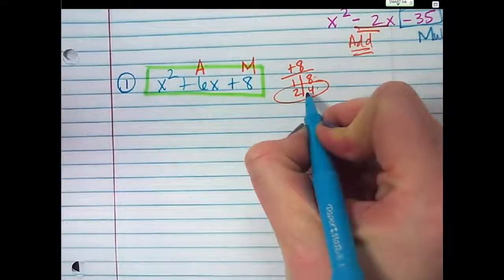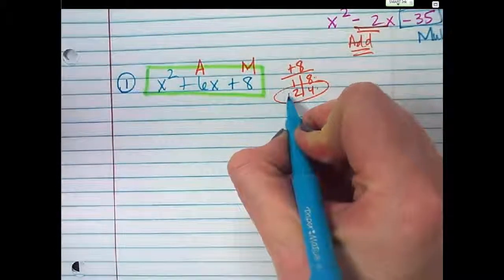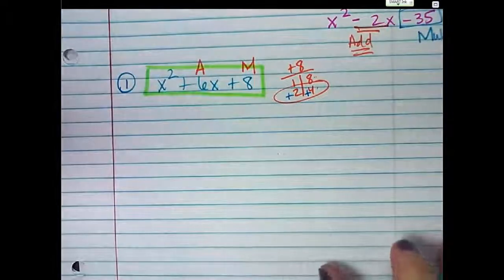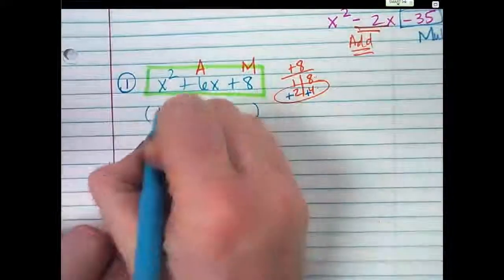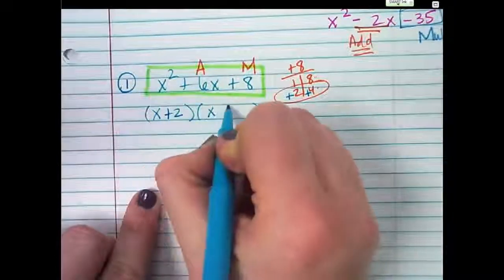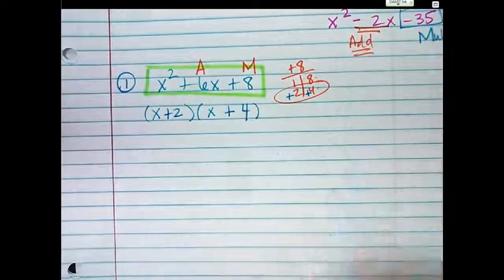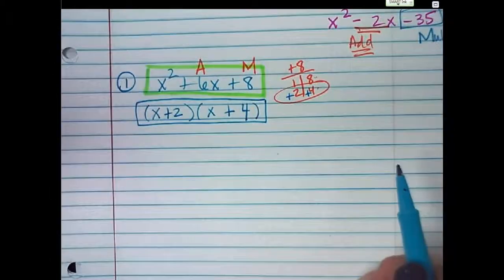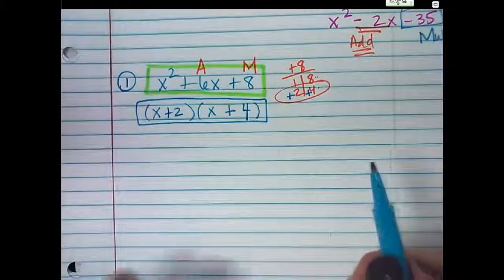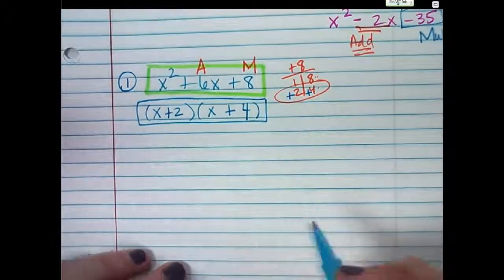What are my signs here? Positive 2 and positive 4. So you just split the x plus 2 and x plus 4. And that's it. Again, you can always check your answer. If you're unsure of factoring, I would recommend checking your answer.